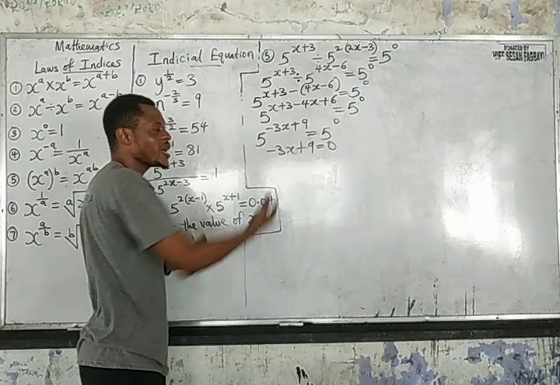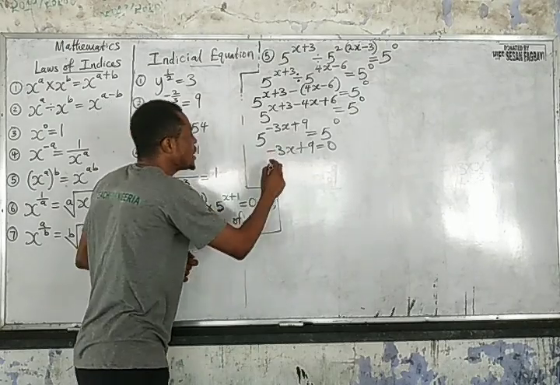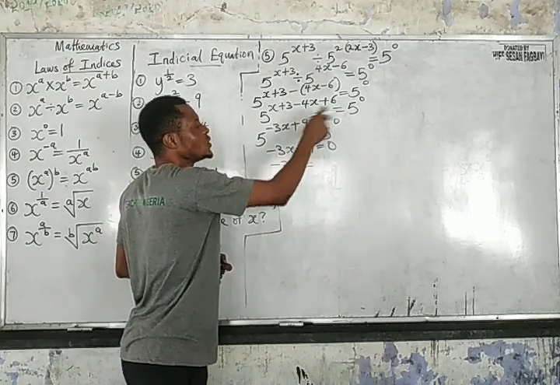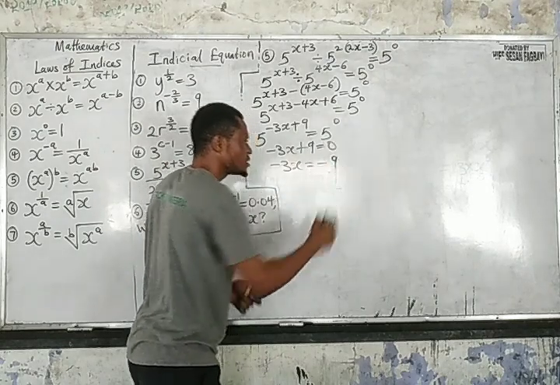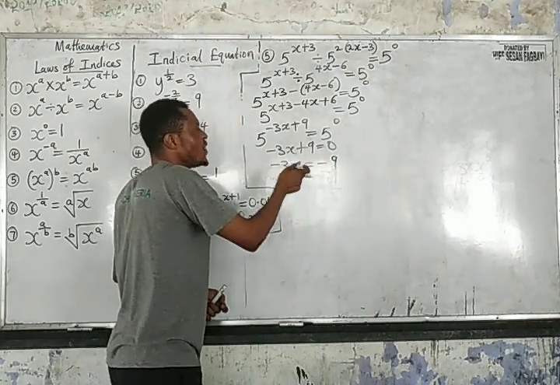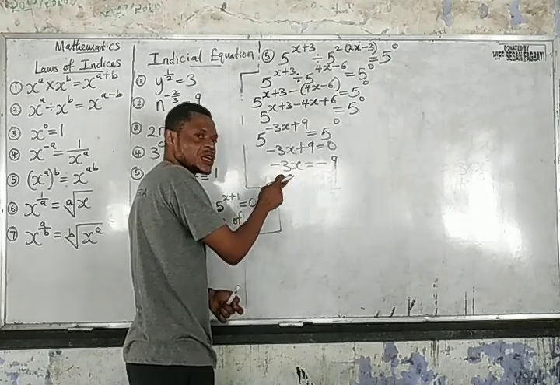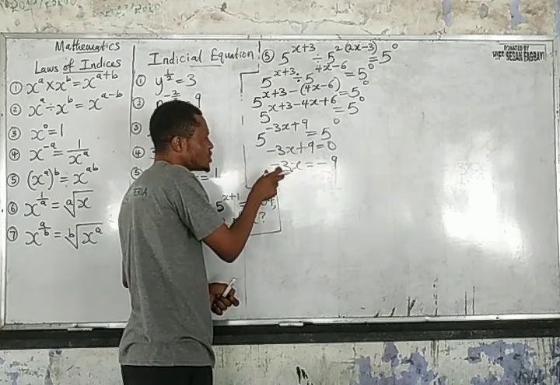We are looking for x. So we are going to make x the subject of the formula. So we work it further by saying minus 3x equal to this 9 crosses to the other side. It becomes minus 9. So we divide both sides by the coefficient of x, which is the minus 3. The figure that holds the value of the x, which is minus 3.